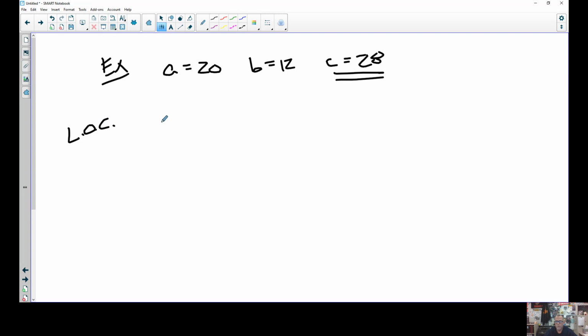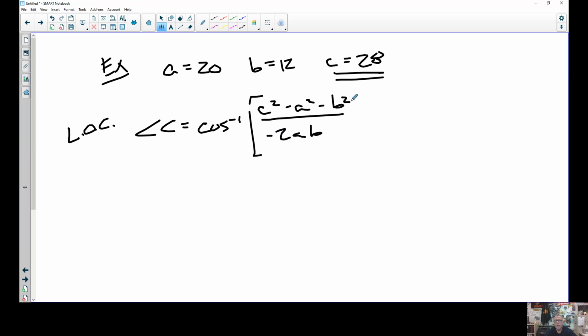Same as I did before. I'm going to use law of cosines to find an angle. So I'm going to find angle C. So angle C will be cosine inverse of C squared minus A squared minus B squared over a negative 2AB.